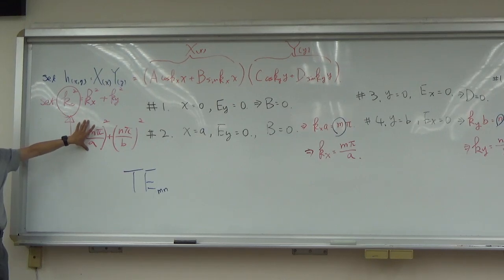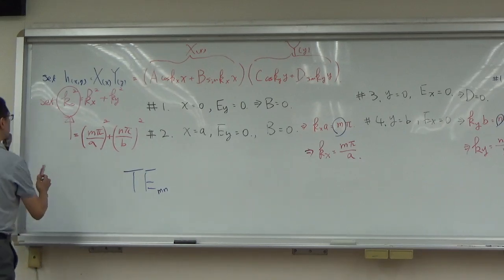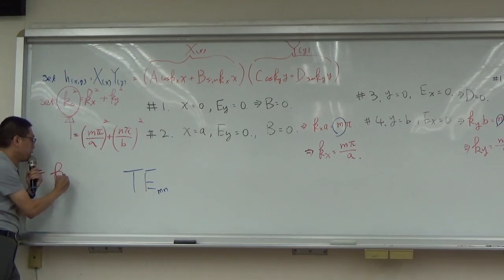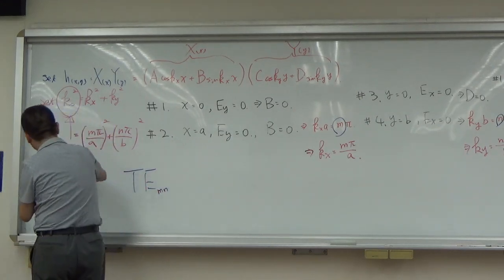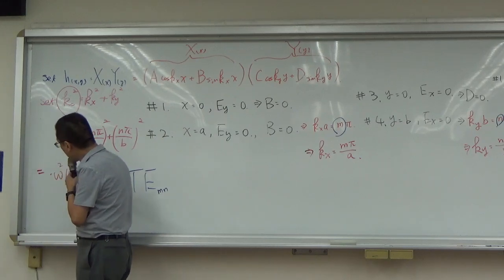Okay? And your kc squared is k squared, which is omega squared mu epsilon.